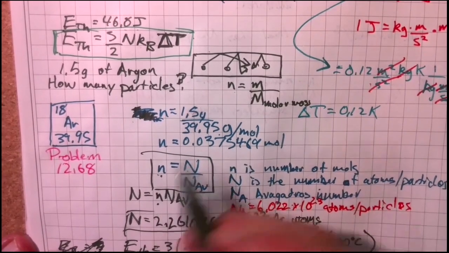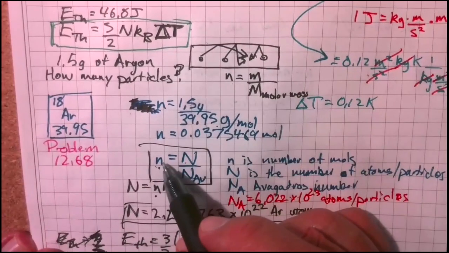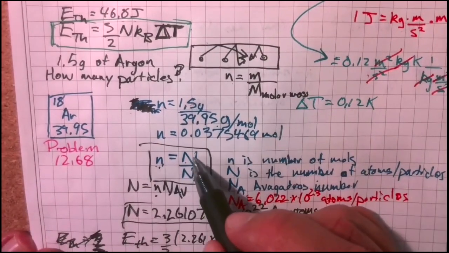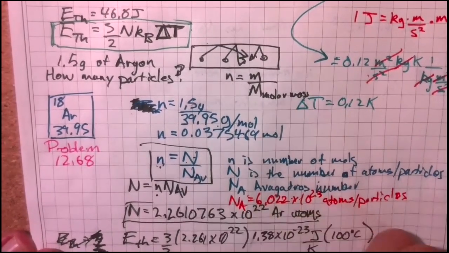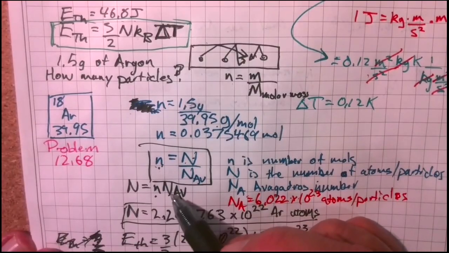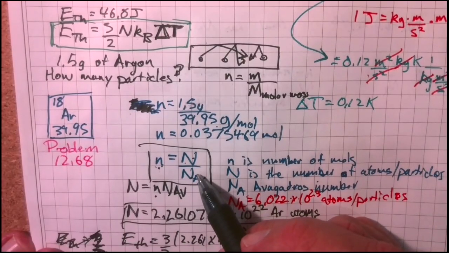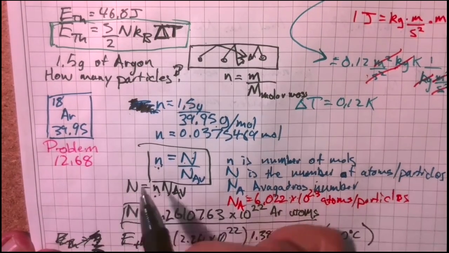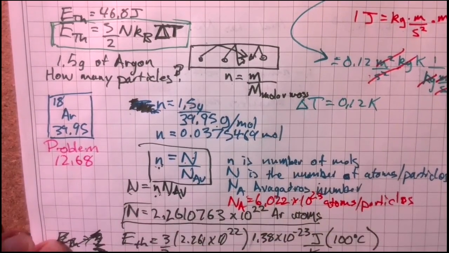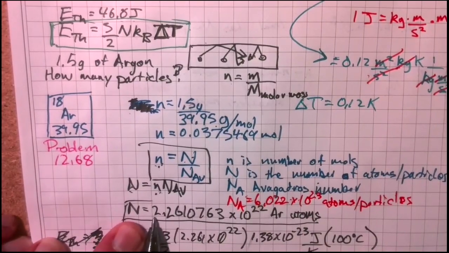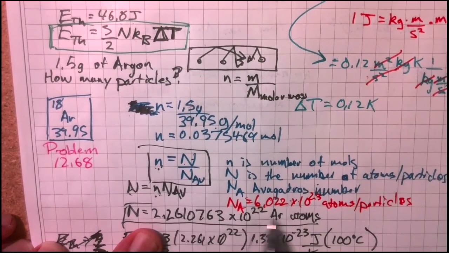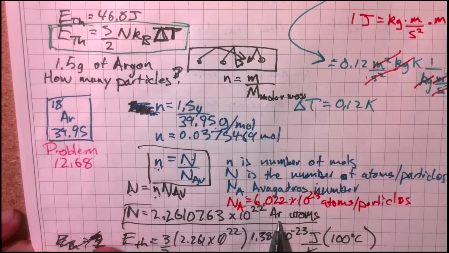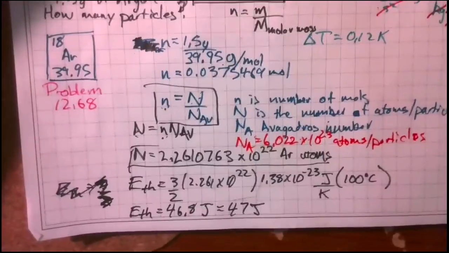Then we use this equation right here: the number of particles equals the number of moles times Avogadro's number. So I multiplied both sides by Avogadro's number. Number of moles times Avogadro's number tells us the number of particles. So we had 2.26 times 10 to the 22nd argon atoms.